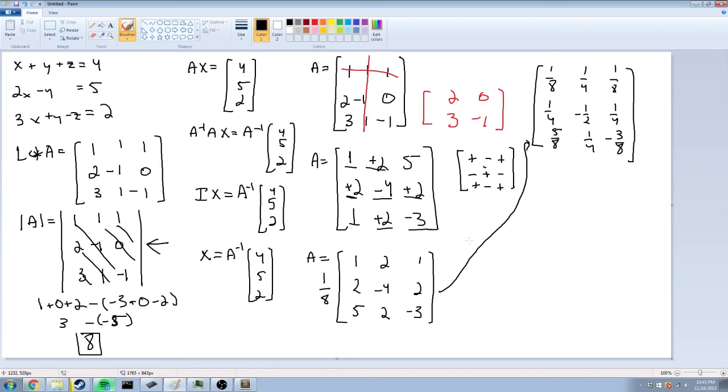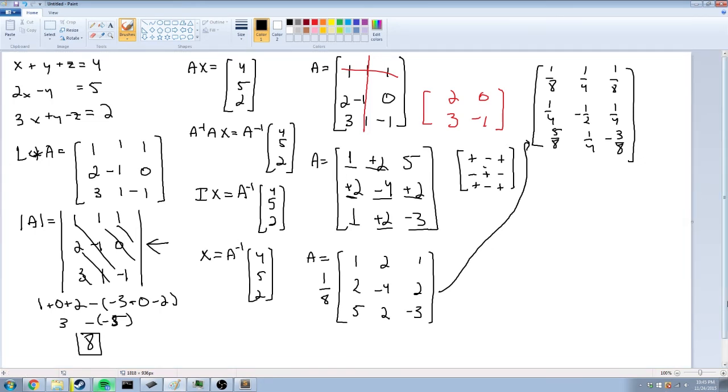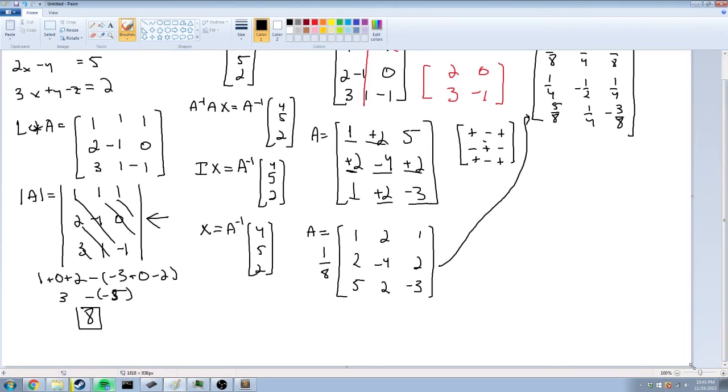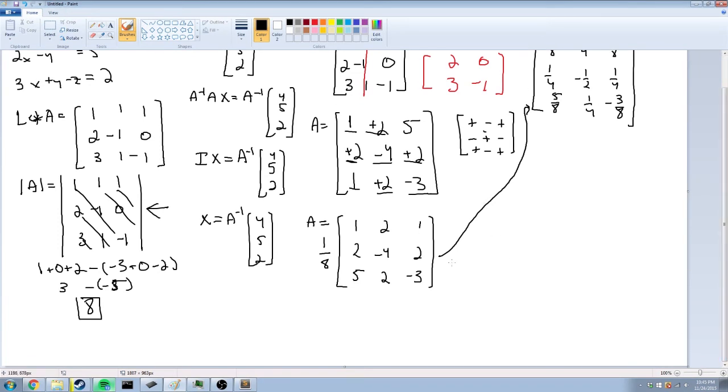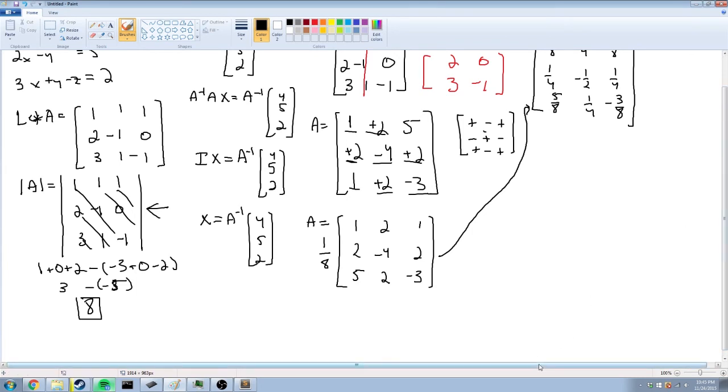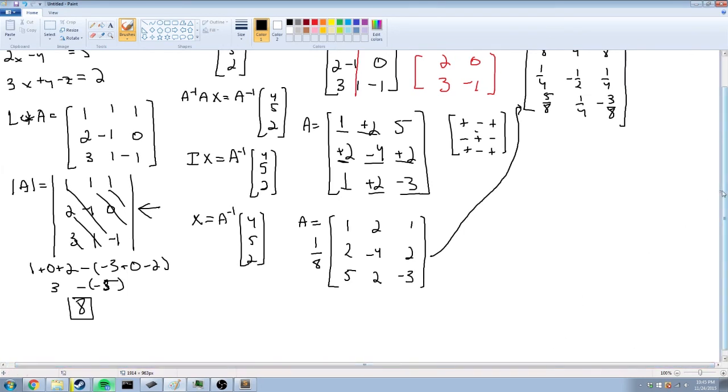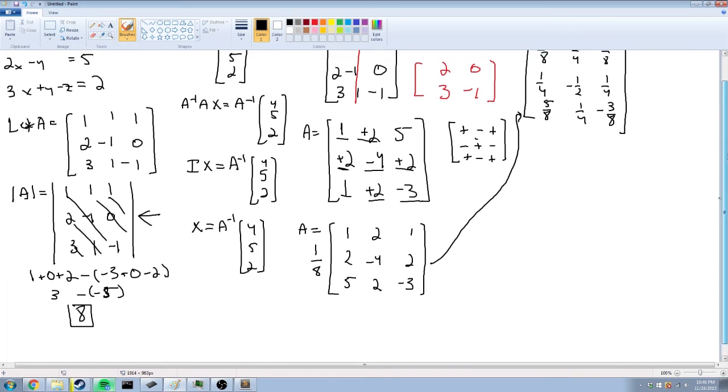Okay, and then we're going to want to check the work. So I don't know if I can make this bigger. I'm going to make this bigger. Great. Alright. So then, to check our work, we want to multiply A times the inverse of A, which is now this.